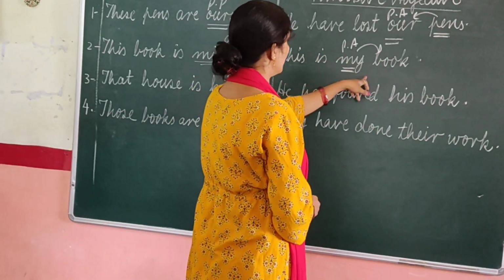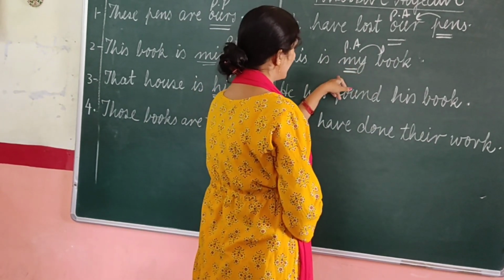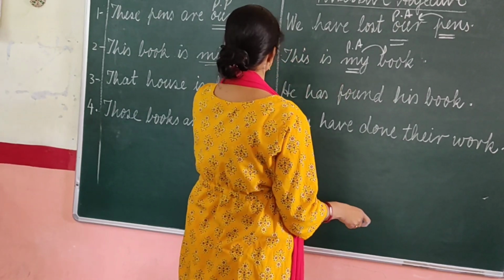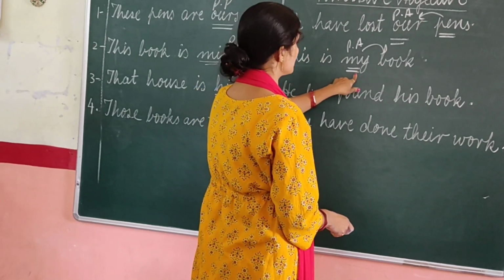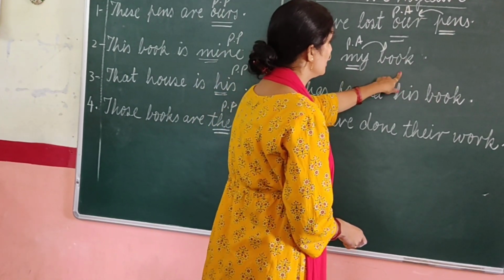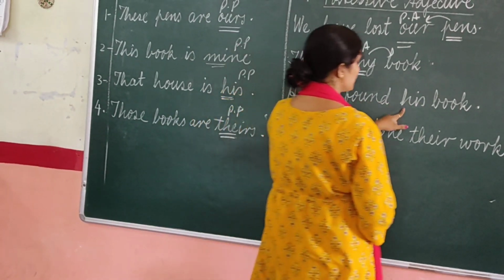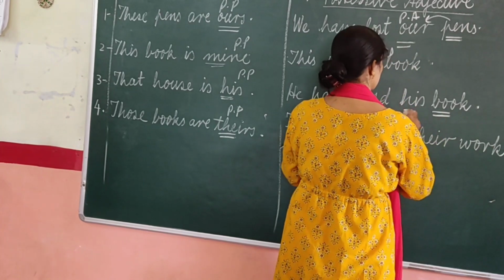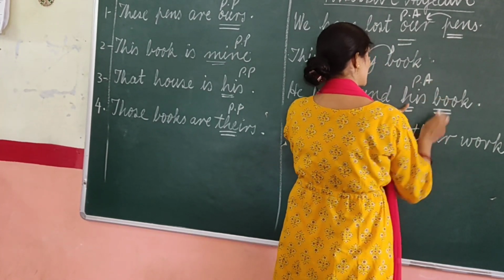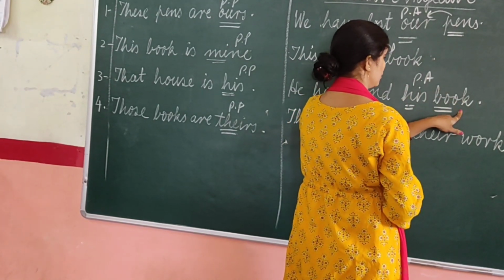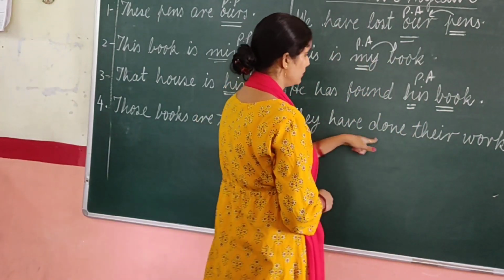You can change this is my book to this book is mine. Here the word mine becomes possessive pronoun. But in the earlier one, my is possessive adjective because it is followed by the noun book. He has found his book. Here also his book is possessive adjective because it is followed by the noun book. They have done their work.